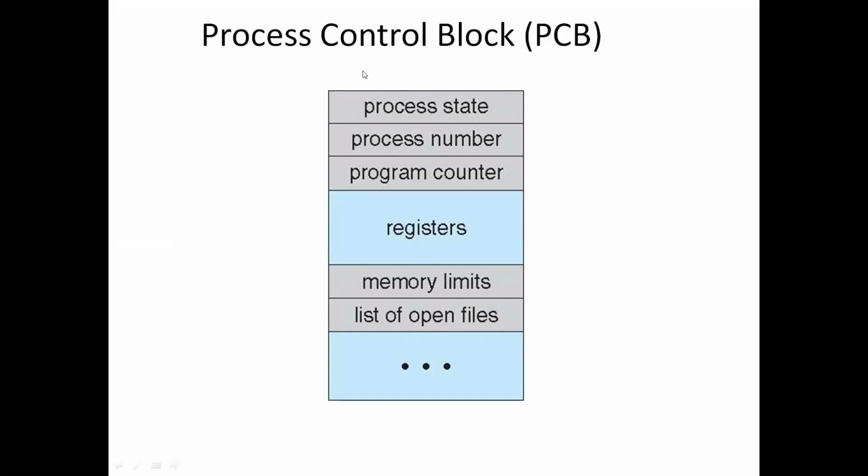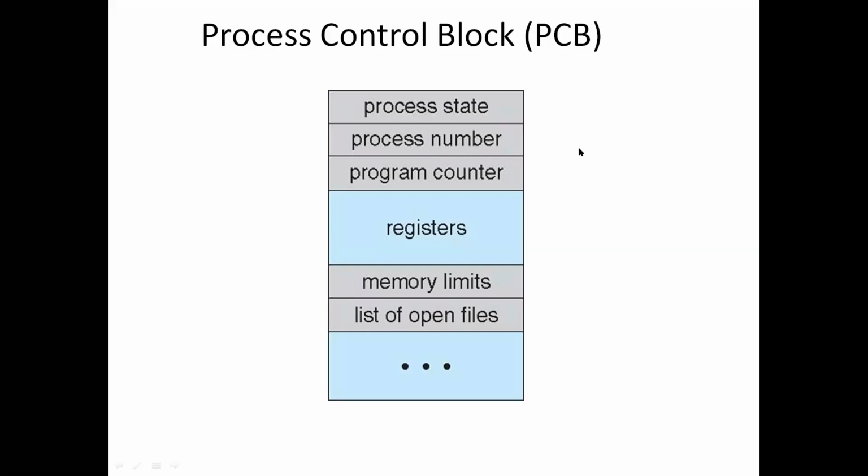Here the process state is the current state, whether the process is in ready state, running state, waiting state, or halt state. This will be represented by the process state.